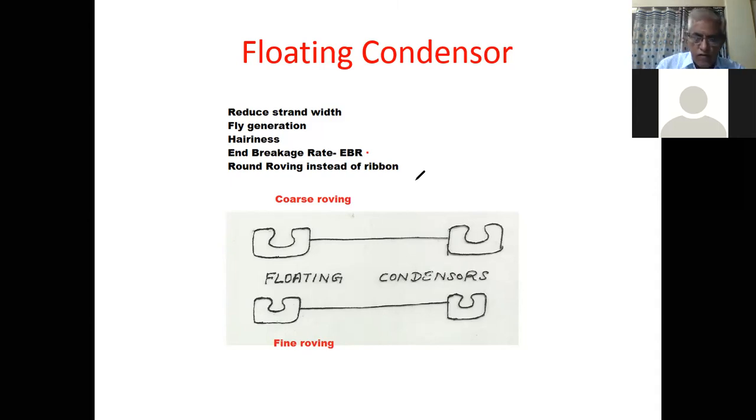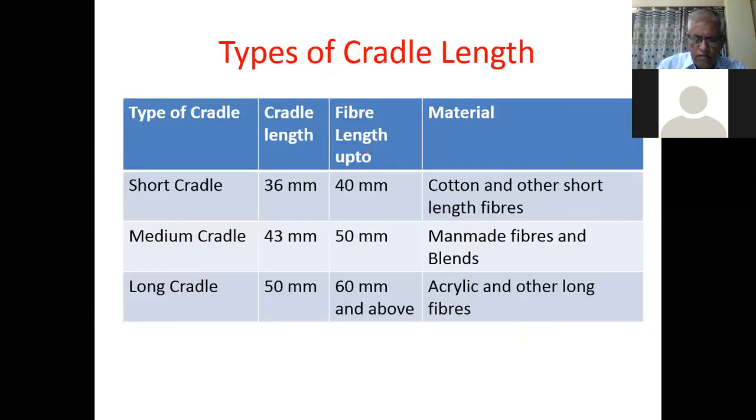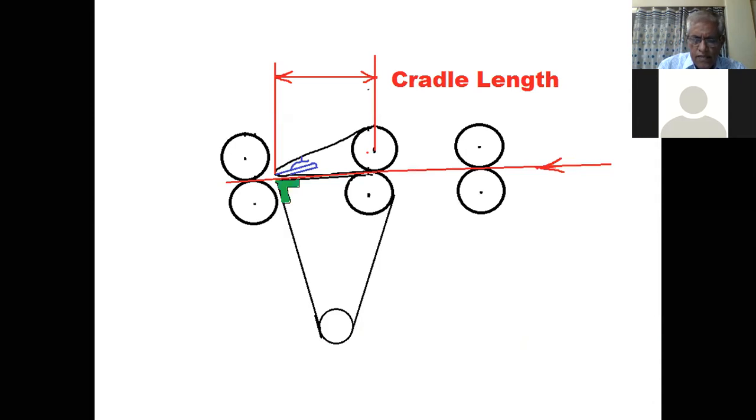So today we have studied the drafting system and the important parts of the drafting system and important terms related to the drafting system. There are three important terms: cradle length, spacer and condenser.